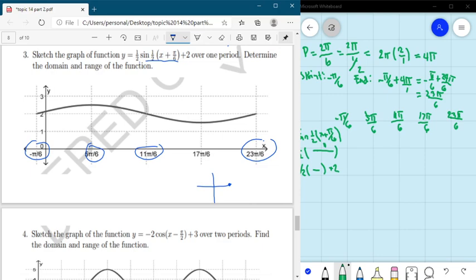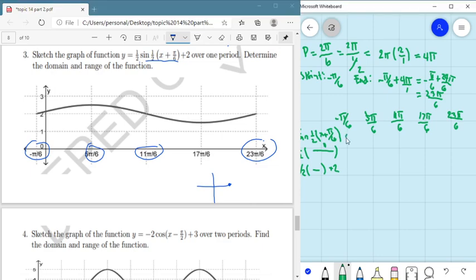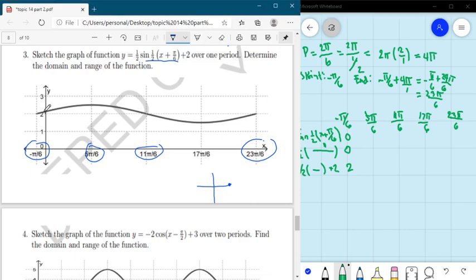So that is why your value is 0. Times 1/2, still 0. Plus 2, that becomes 2. So for negative pi over 6, your value there is 2. Okay?